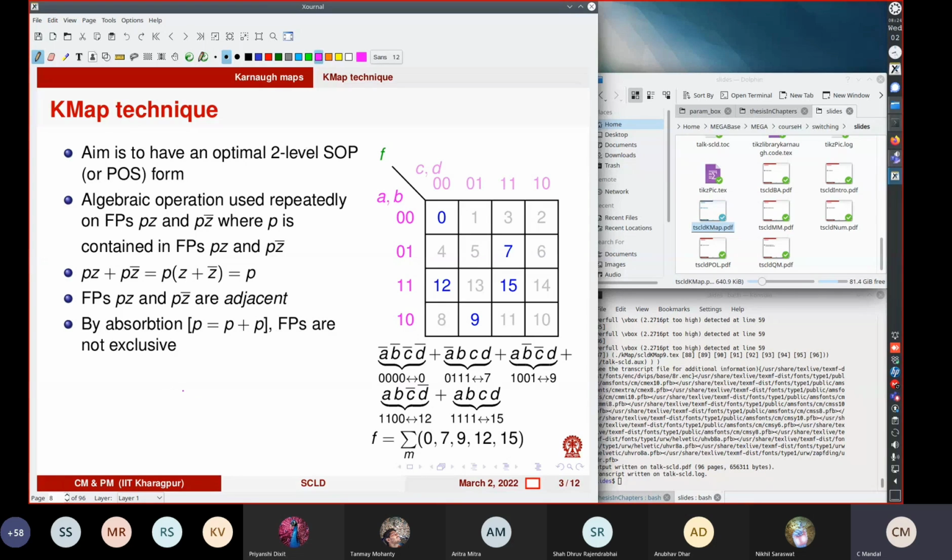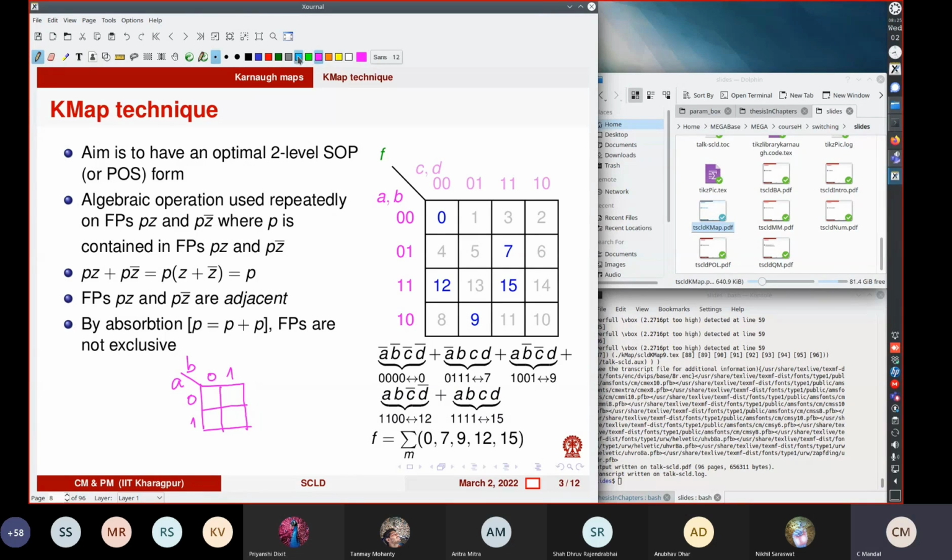Suppose you have just two variables, A and B. Each can have two values, 0 and 1.